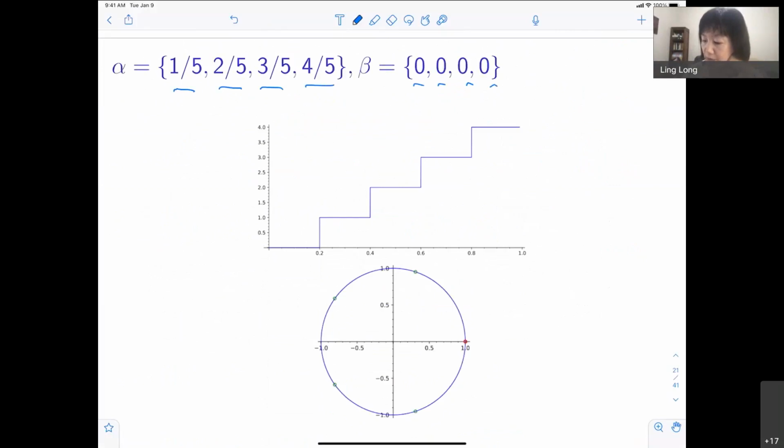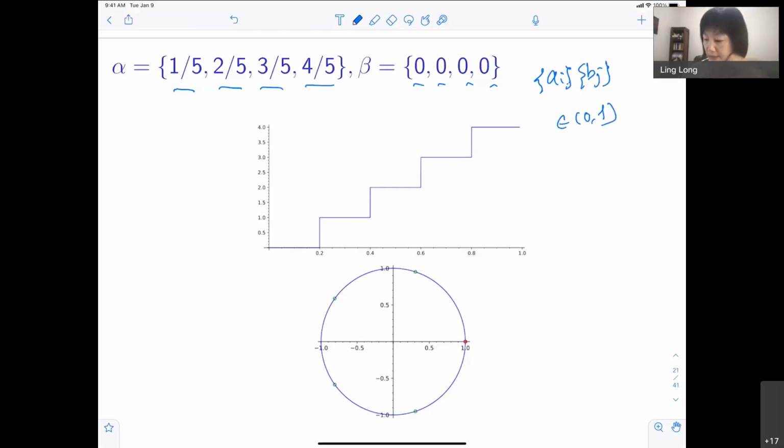So the jump occurs at a_i, and the drop occurs at 1 minus b_j, which will be 1, so I'm not going to worry about that here. Also, for the step function, the convention is that all the a_i and b_j are normalized, so we take the fractional part, and the value lies between 0 and 1.